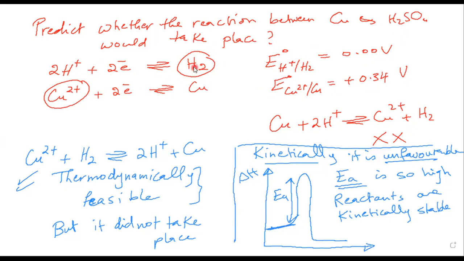But even though the reaction between hydrogen and copper ions is thermodynamically feasible, it does not take place as it is kinetically unfavorable, where the activation energy is so high that the reactants, copper ions and hydrogen, are kinetically stable, and they are not going to produce hydrogen ions and copper metal.